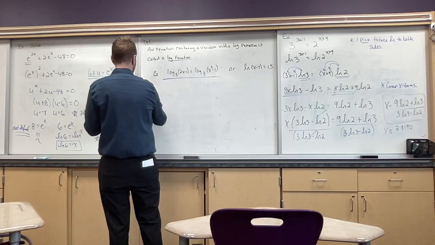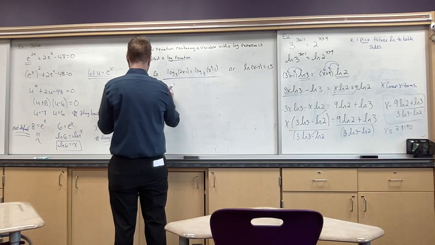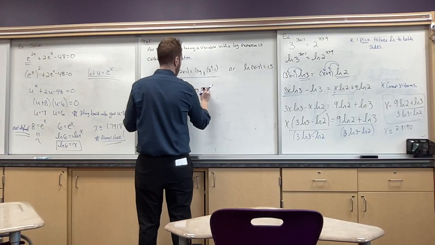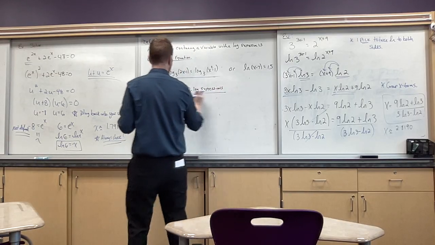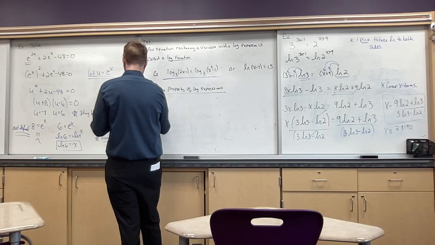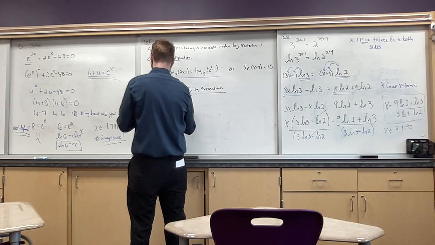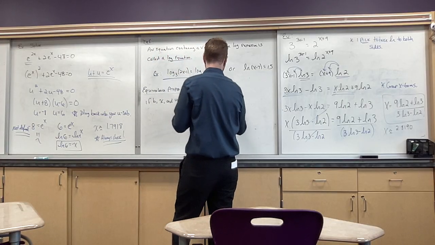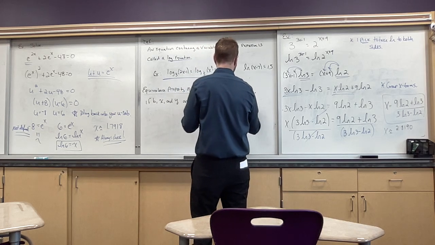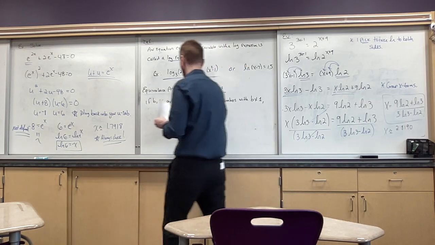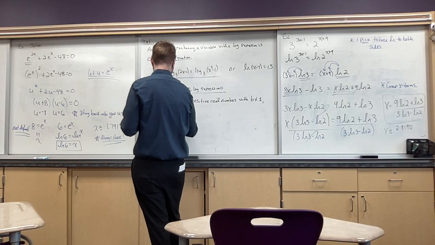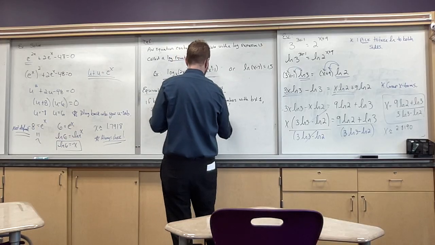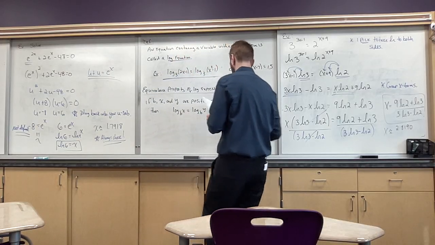So we call this the equivalence property of log expressions. If b, x, and y are positive real numbers with b not being 1, then log base b of x equals log base b of y implies that x equals y.